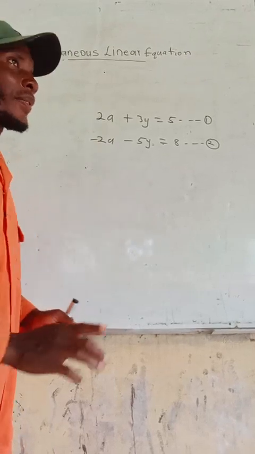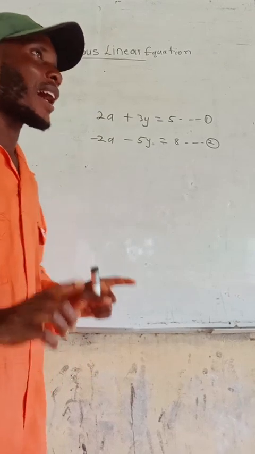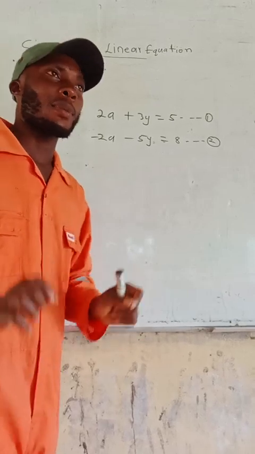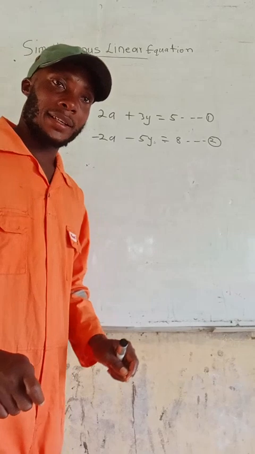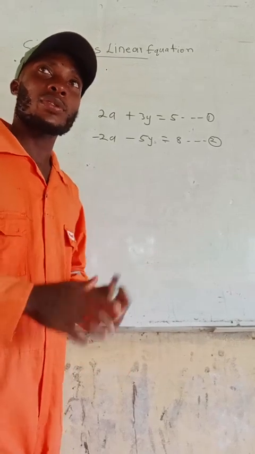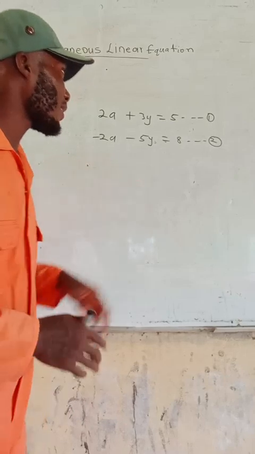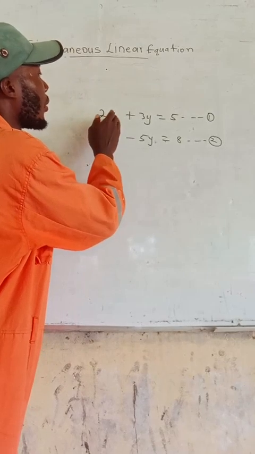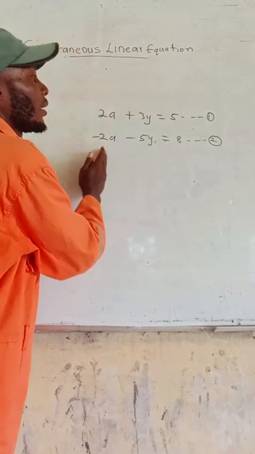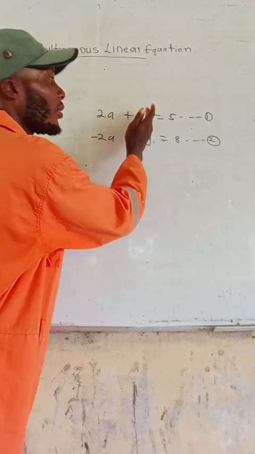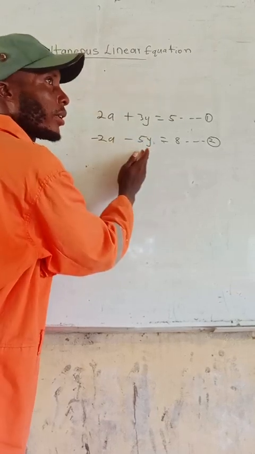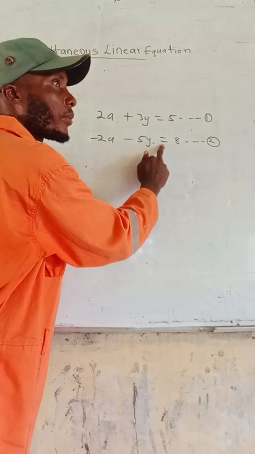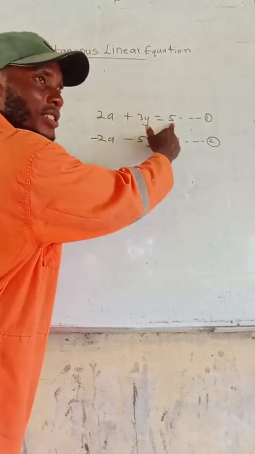Okay, now see how you will know that this is simultaneous equation, or how a simultaneous equation is supposed to look like. Anytime you see simultaneous equation in this form, you see the alphabets, you see the unknowns. One is in this column, the other unknown is in this column, and after that, you see equal to, and a constant.